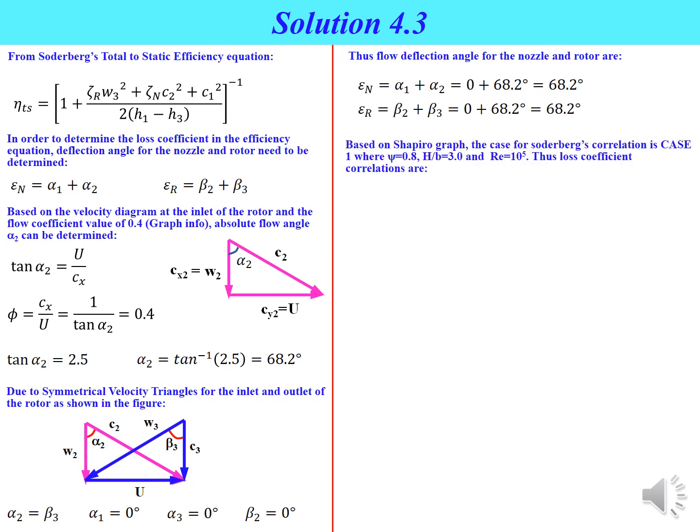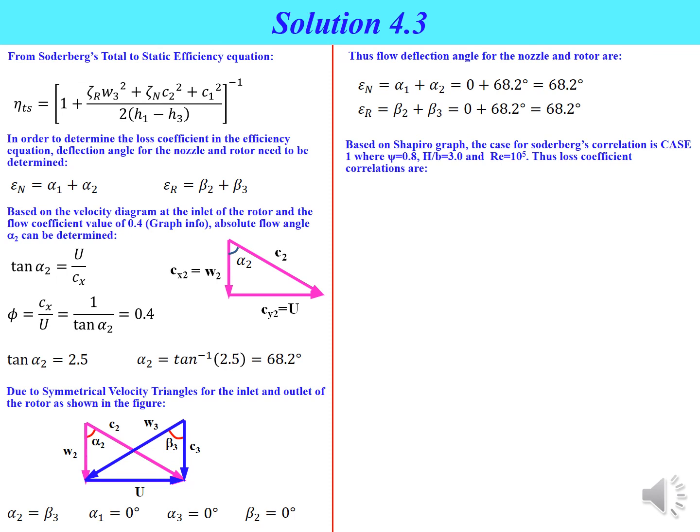So based on the Shapiro graph 1957, the case for Soderberg correlation is based on case number 1 as suggested by Soderberg, where aerodynamic load coefficient will be equal to 0.8, H over B equal to 0.3, and Reynolds number equal to 100,000.